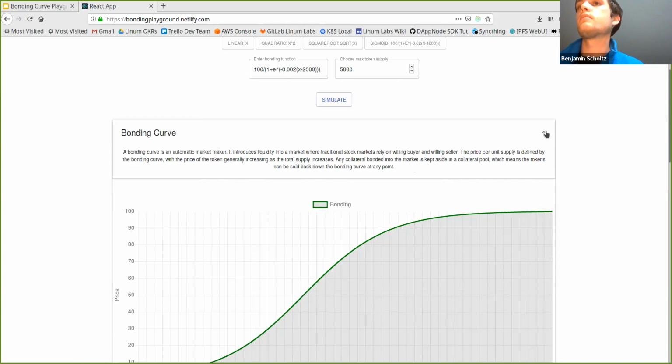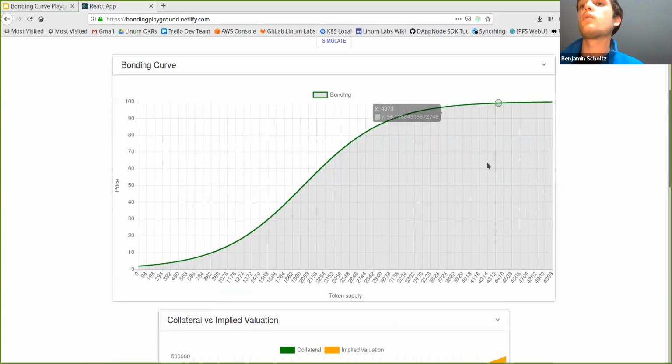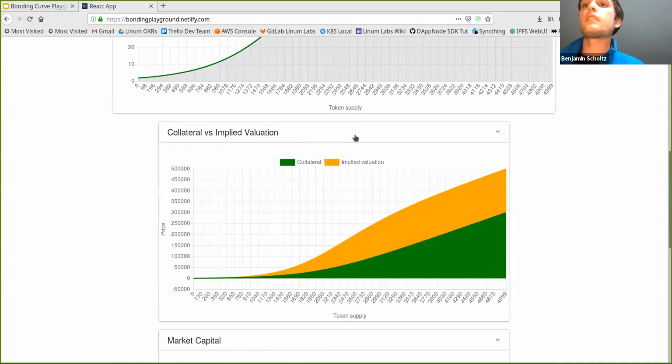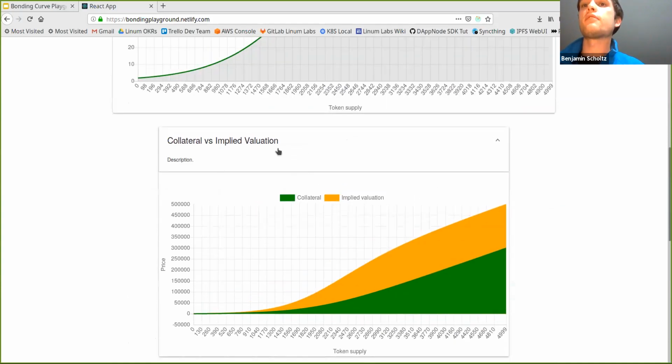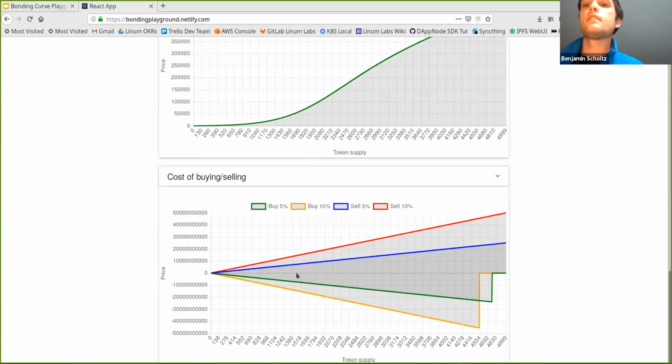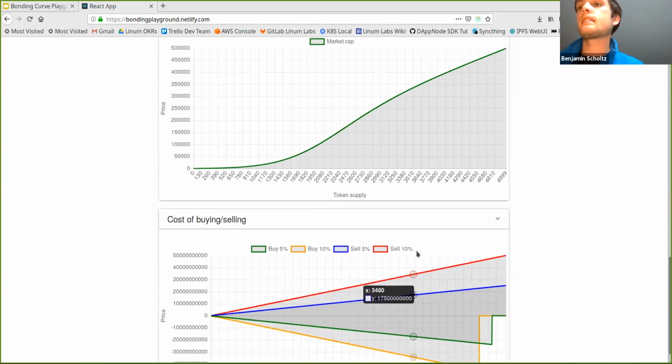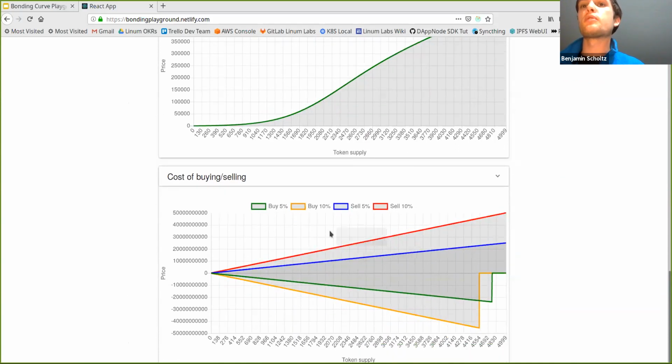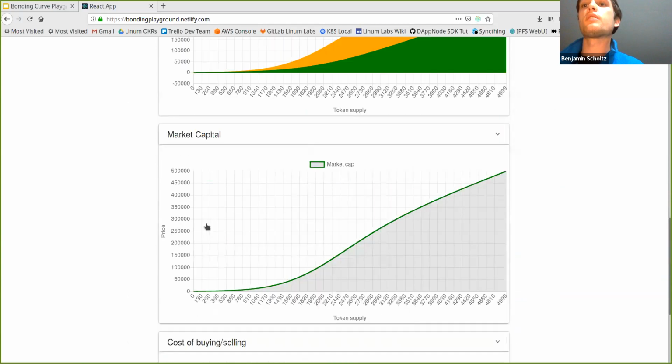Underneath, we could have the equation, or for collateral and implied valuation, once again, you can have a description of what that means in the equation. We've added a few curves here that we think are useful when you're designing bonding curves, but the idea with it being open source is that people could add on additional functionality.